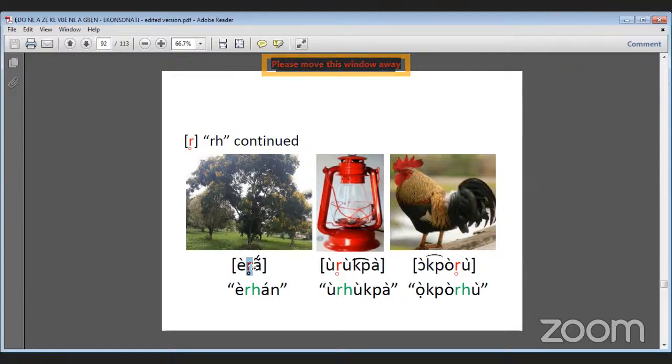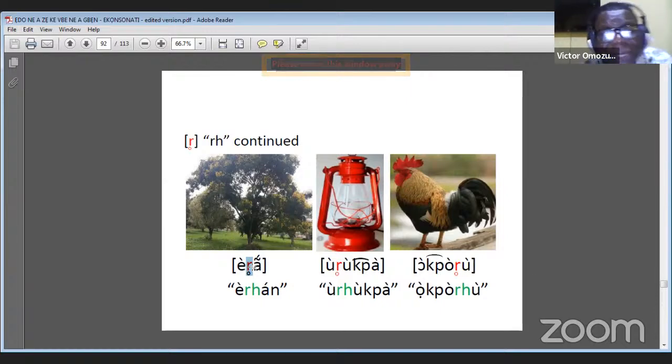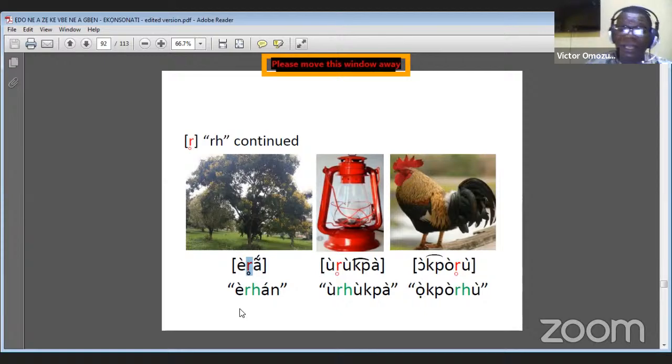Pronounced ri. Ri is different from ri. That's why Edo has 3 different R sounds. Ri in Oe, in Ero, Asoro, different from ri in Eha, Ehru.